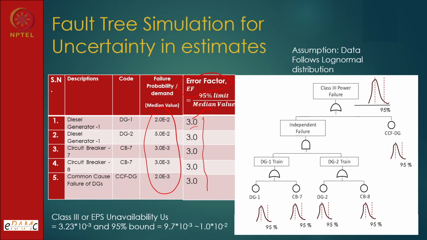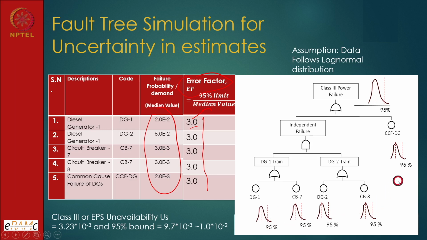So we have assigned a log normal distribution. For each component we have given the log normal distribution, 95% bounds, and the error factor. This is the median value, and this is the 95%.